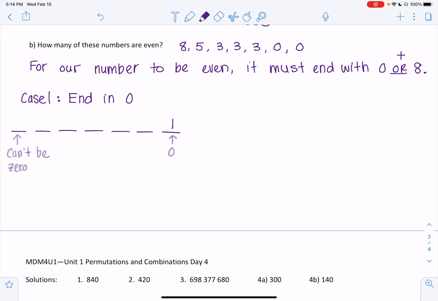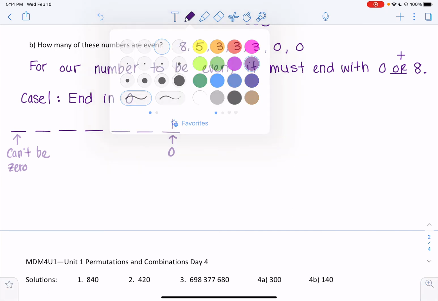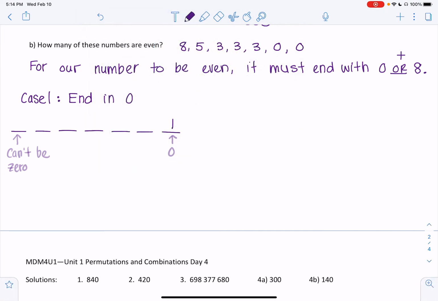Because we've already assigned 0 to the last spot, and this one can't be 0, we have eliminated the two zeros. That means for this first number, it can only be 8, 5, 3, 3, or 3. So there are only 5 options to go there.